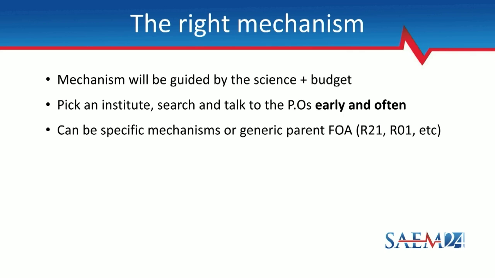So, in terms of the mechanism, probably everything that I say about an ancillary study is true of any NIH-funded project without a ton of unique considerations. Most folks in this room know this already.